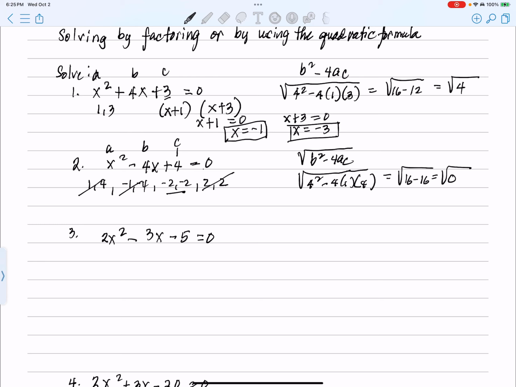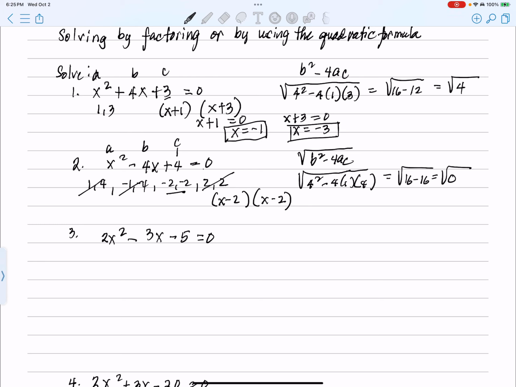So our factors here would be x minus 2 and x minus 2. Since we have two identical factors, we have only one answer. That's the rule: when b squared minus 4ac is 0, the factors are the same, and there is only one solution.